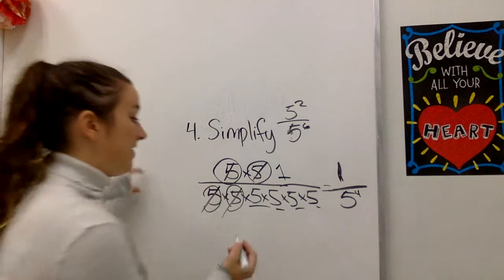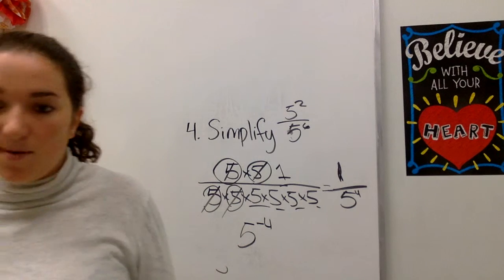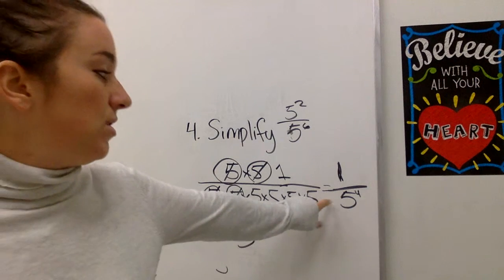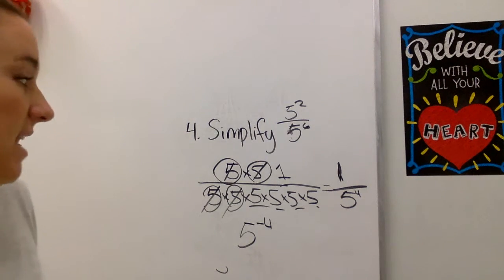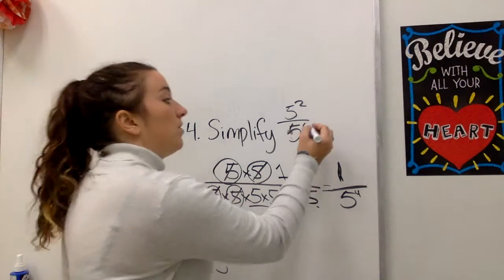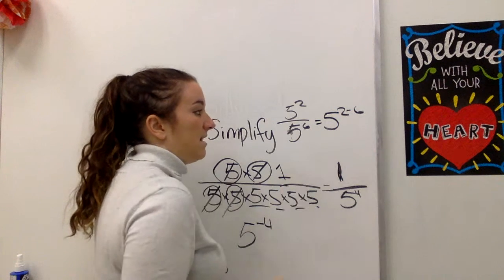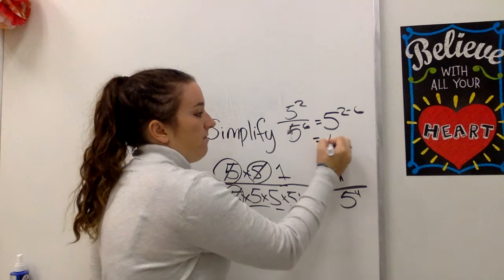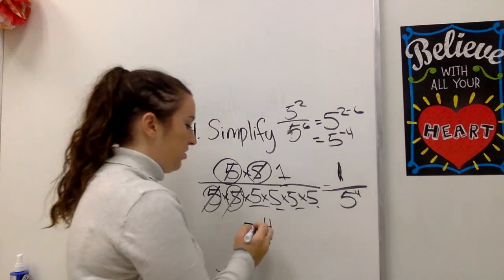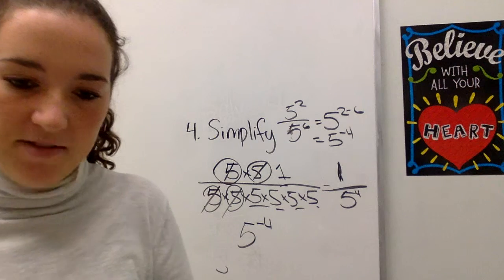Right, I can write this as a negative exponent, because negative exponents will get you to a fraction. So it's 5 to the negative 4. Another way to do this is to use our division rules. I can just have 5 to the 2 minus 6, which would be 5 to the negative 4. So it just gets us there a step faster. Our answer is 5 to the negative 4.